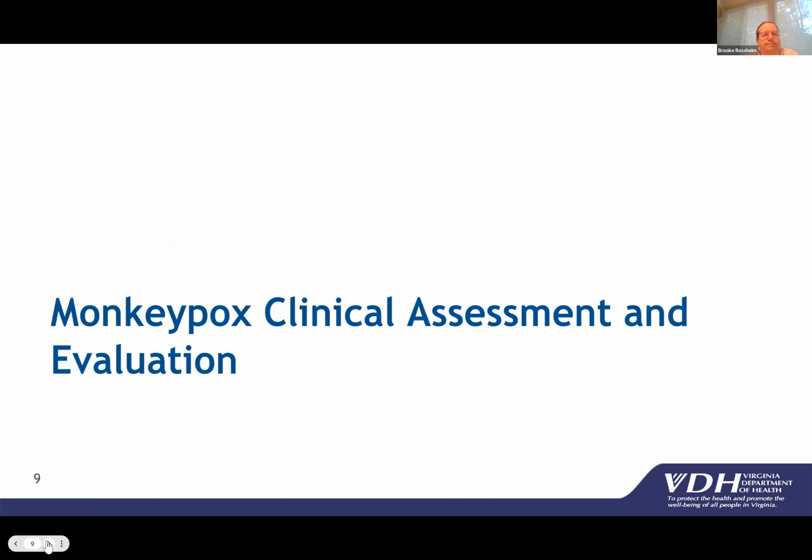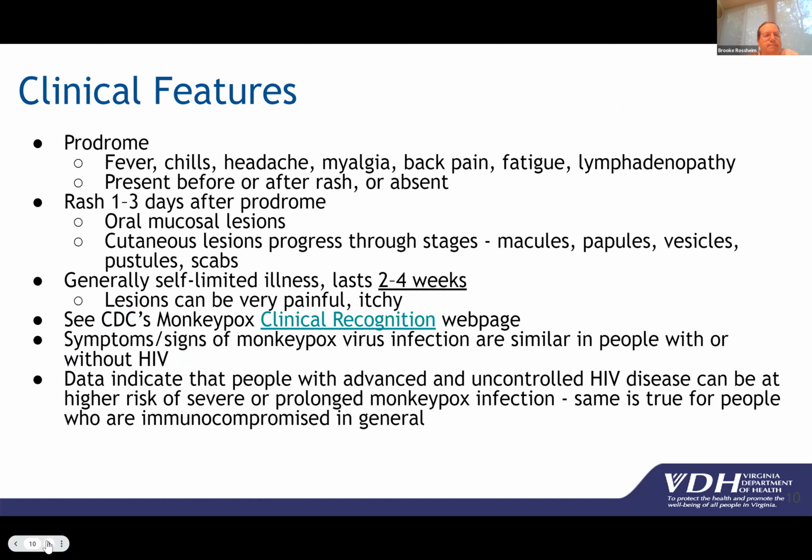Next slide, please. So now we're going to talk about the clinical assessment and evaluation of a patient with suspected monkeypox. Next slide. So these are clinical features. As is pretty typical with a lot of viral illnesses, monkeypox can present with a viral prodrome.